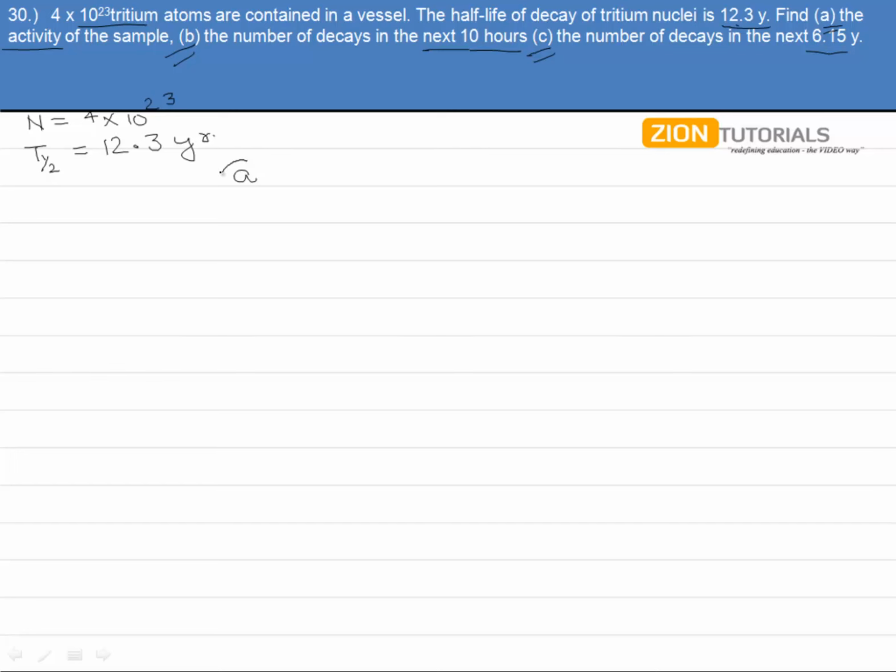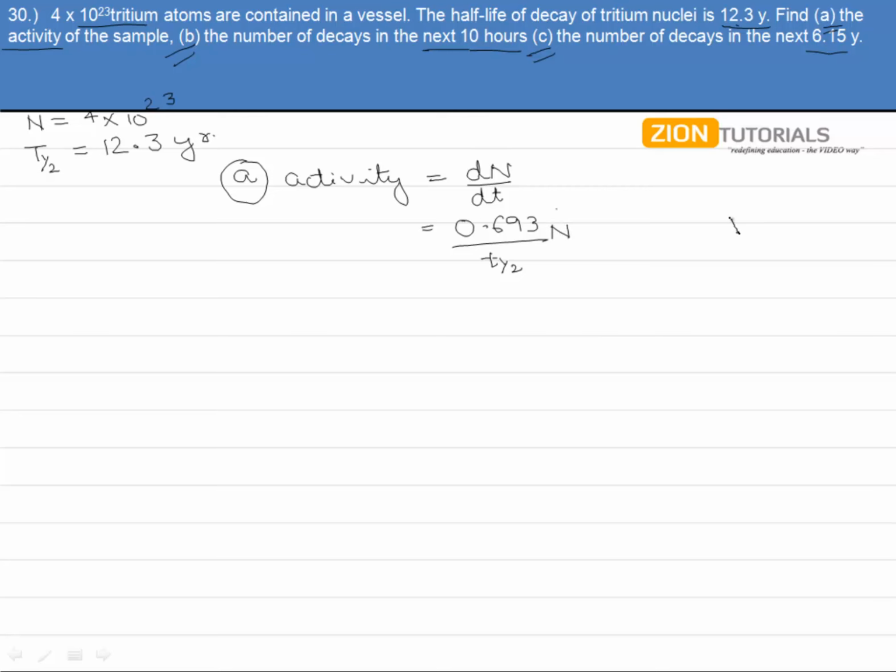So from here we can find out the activity, which we know by definition is dN by dt and is also equal to 0.693 by t half. This is actually ln2 into capital N. Why?